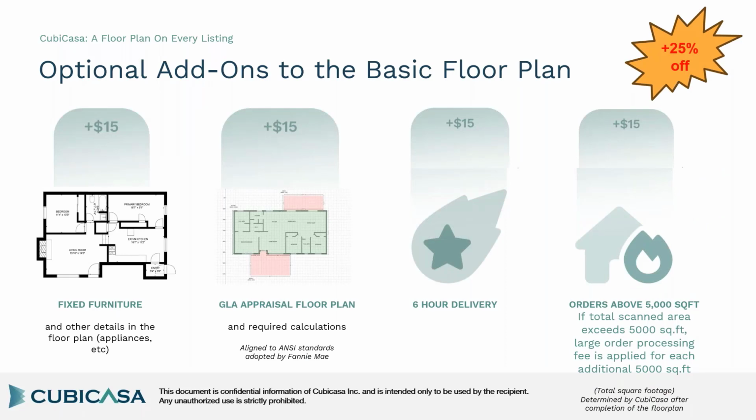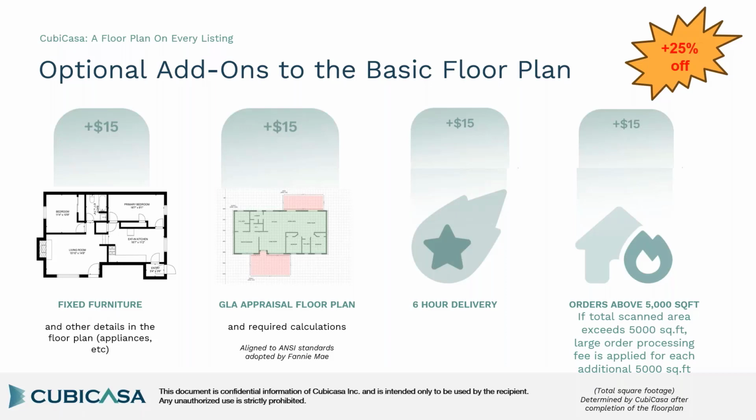Some people like to add all the fixed furniture, meaning you want to have the toilets, every cupboard, everything up here in your scan. You can do that. You can also do, if you are an appraiser, you can pay, it's $11.25 again, you can pay the GLA appraisal. It will actually do the GLA with the required GLA appraisal floor plan for you.